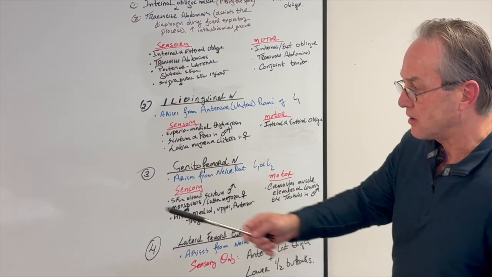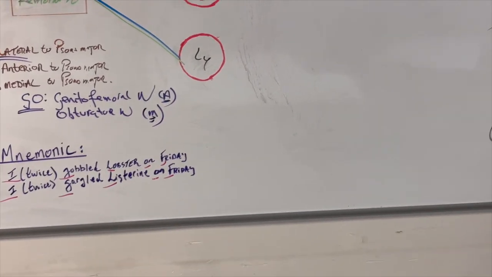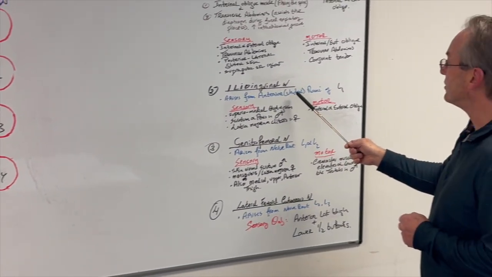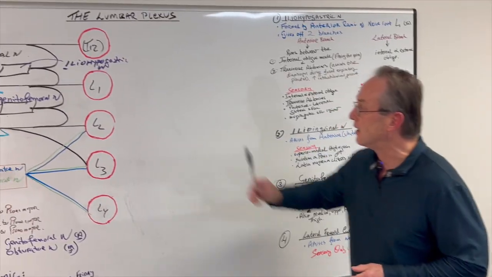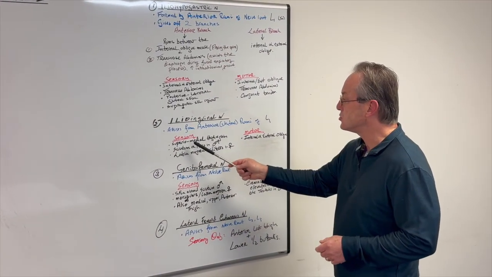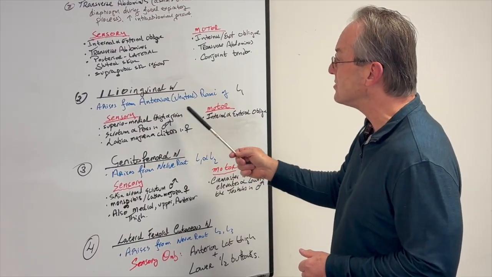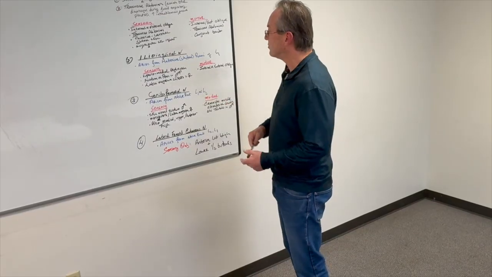Ilioinguinal. Remember, I twice gobble lobster on Friday, so we're just going to go through these. Ilioinguinal arises from the anterior or the ventral rami of L1, as we recalled right here, L1. Sensory, what does it do? Superior medial thigh and groin.